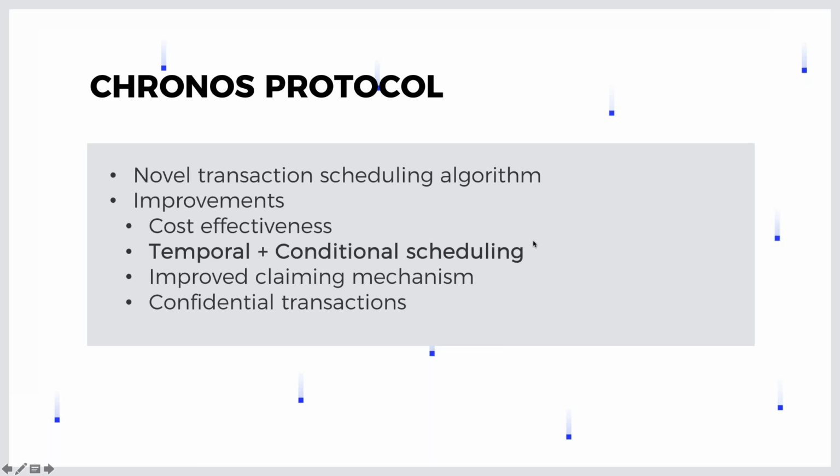Okay, I see the question from Mr. Swiss. How involved is Piper Merriam? So Piper, as you all know, is the original creator of the Ethereum Alarm Clock. The protocol was created somewhere in 2015, if I'm not mistaken.